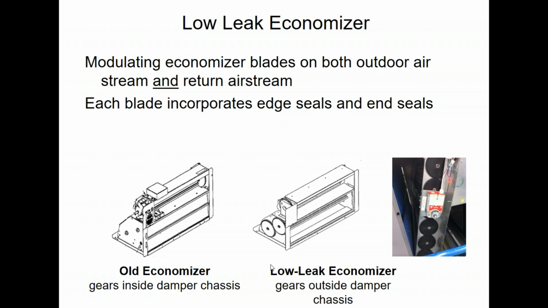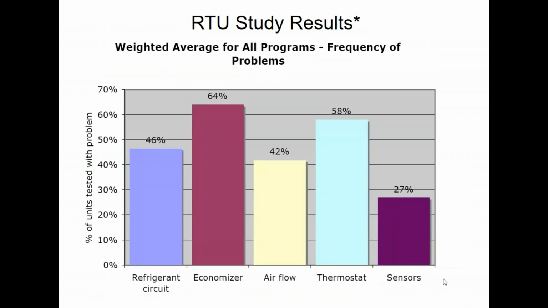Previously, with the gears in the airstream, they couldn't be perfectly airtight because they're gears, and gears have to move, and things that move struggle to be airtight. So therefore, the gears have been moved to the outside of the assembly. Not outside the rooftop, just outside the damper assembly, outside the airstream, if you will. So that's a good way to visually check and see if someone put the right economizer dampers in to comply with code or not. Are the gears in or out of the airstream?